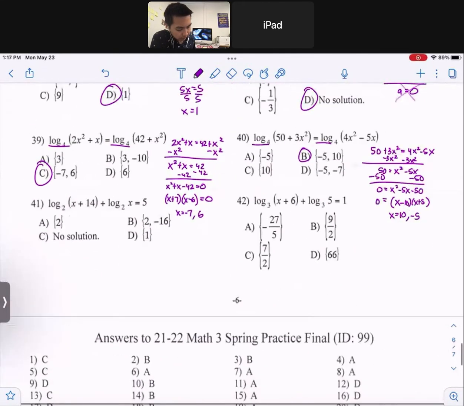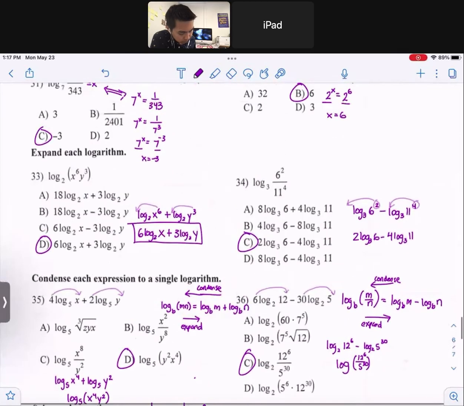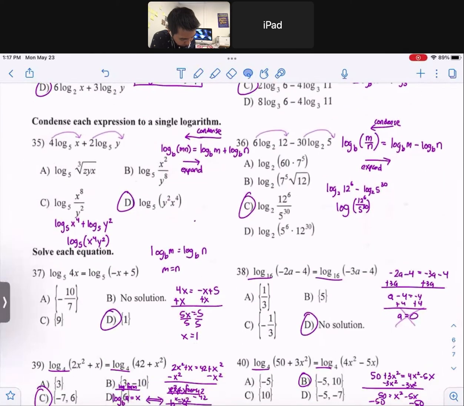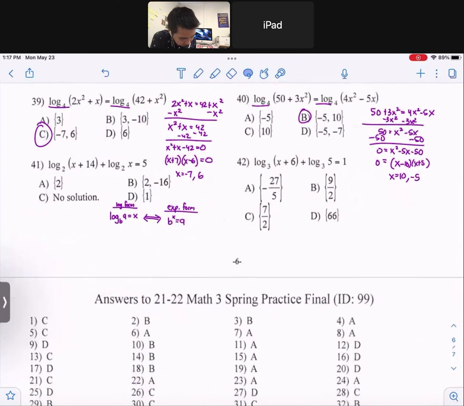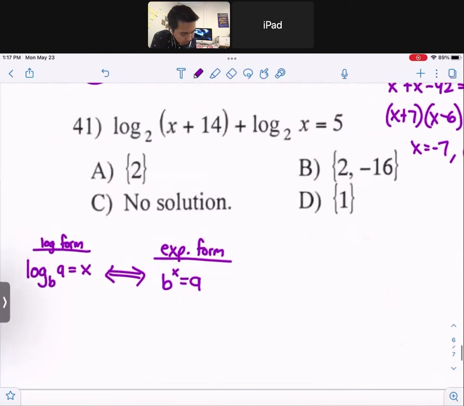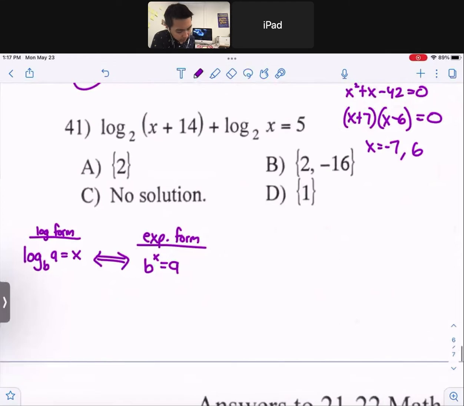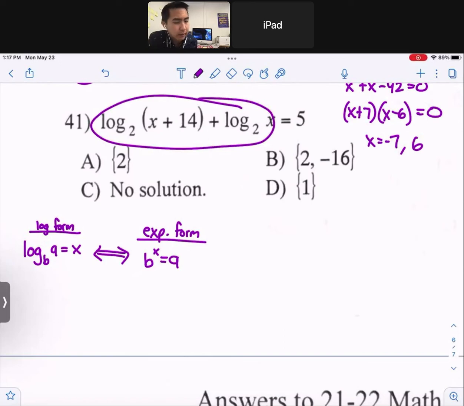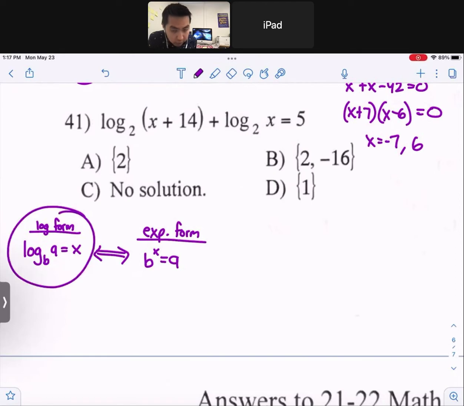Okay, 41. Now with 41, this one goes back to getting a log function and making it into exponential form. Notice on the left-hand side of the equal sign there are logs, but on the right-hand side it's a number, which means we have log form, and once we get log form we have to convert it to exponential form.